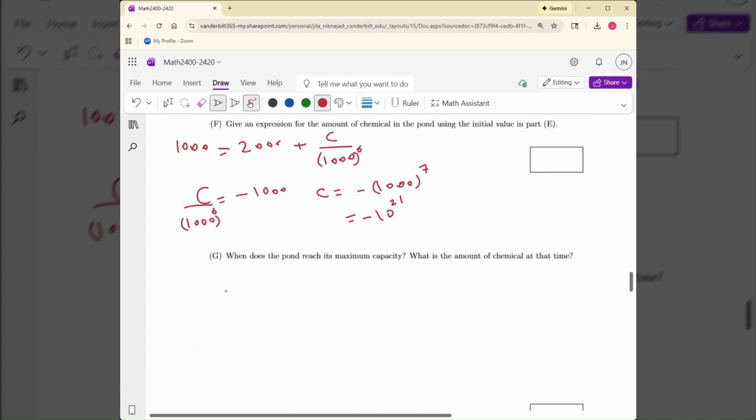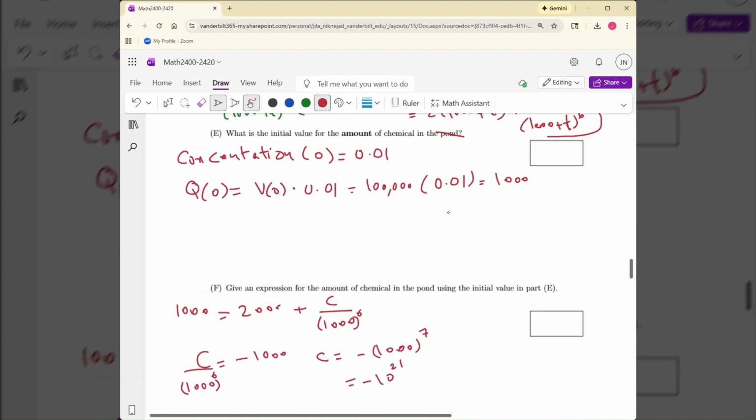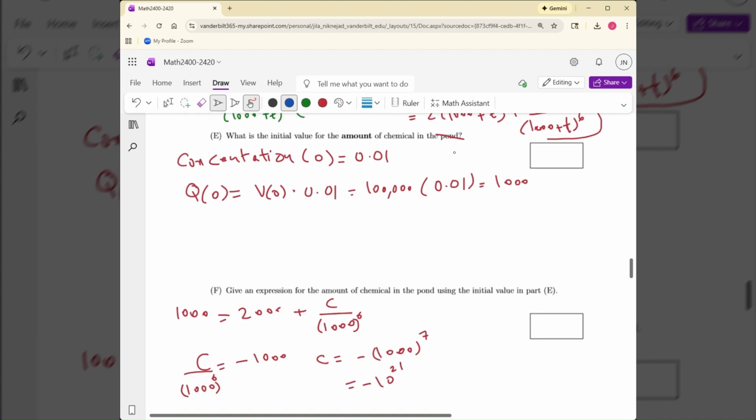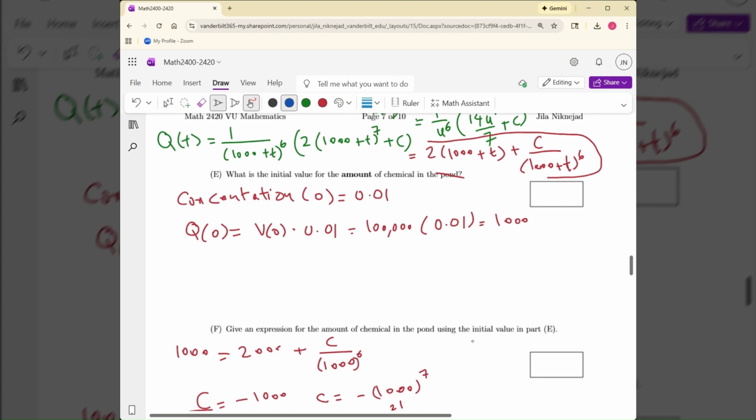And when does the pond reach its maximal capacity? Oh, we've solved for C, but we didn't plug it in. Let's go plug it in. So in this equation, I'm going to plug in.